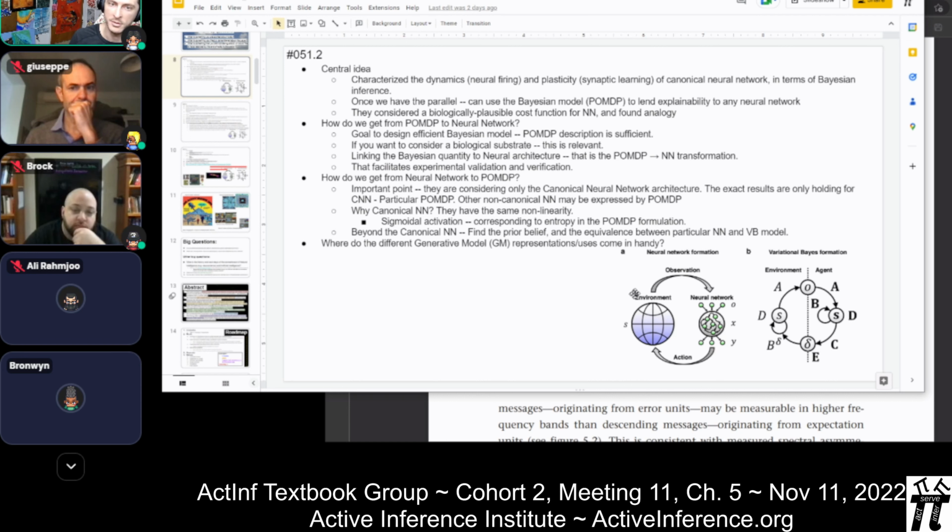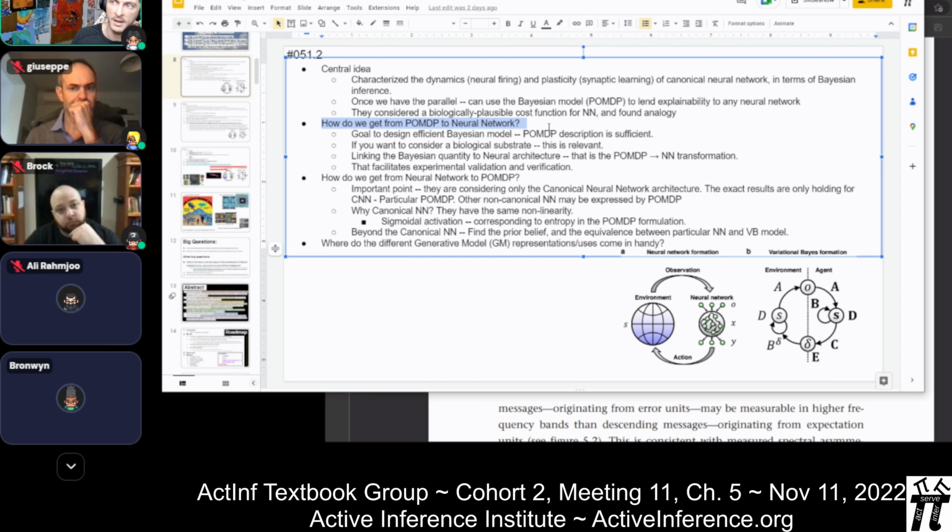You would need to make a neural network with a totally different connectivity to implement that model. So we discussed how you get from a stated Bayes graph to a neural network architecture that carries out that computation, which helps integrate it more closely with experimental results and also software packages and different kinds of computational heuristics. And then how do you get from a neural network to a POMDP?